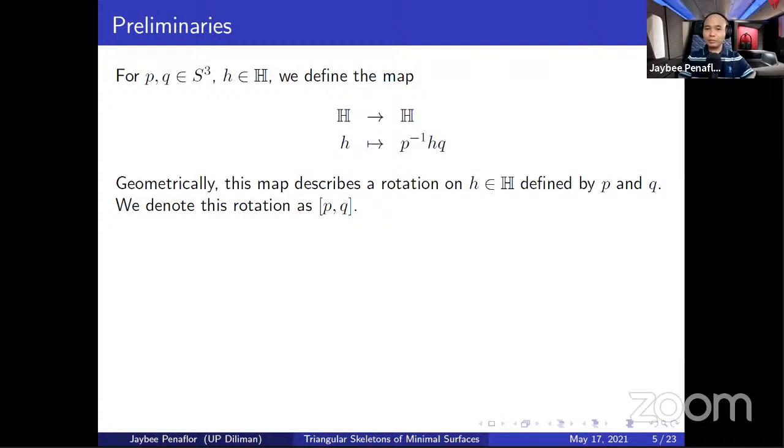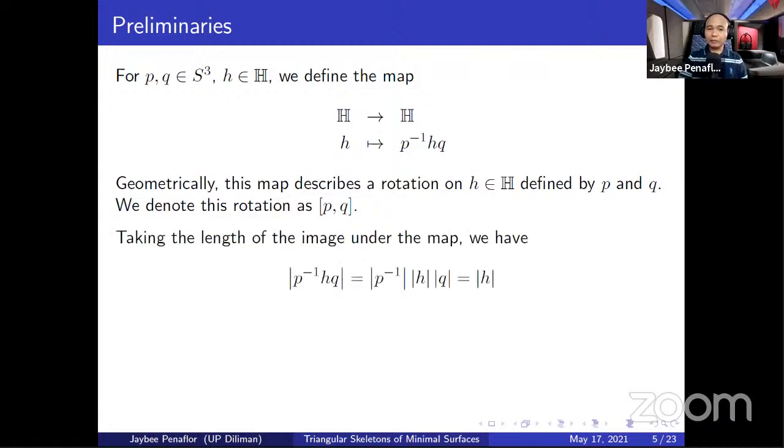Let's look at some properties of this particular rotation. First off, if we get the norm, or the length, of P inverse HQ, we see that the norm is equal to the norm of H. What does that mean? It means that if we subject H to a rotation defined by P and Q, the length of H is kept. And in fact, the orientation of H is also kept.